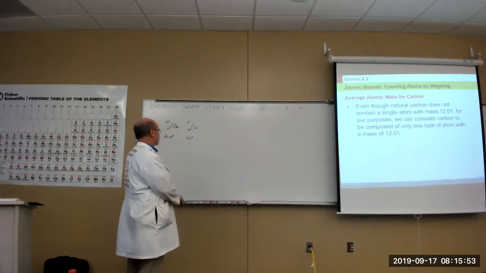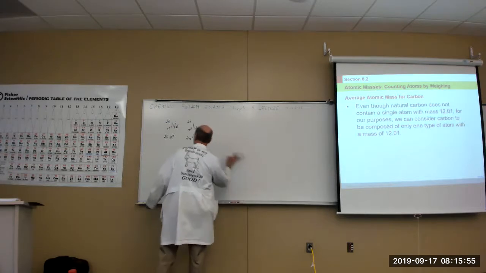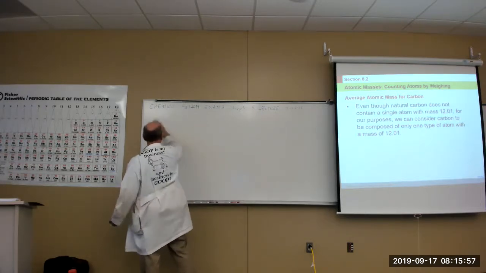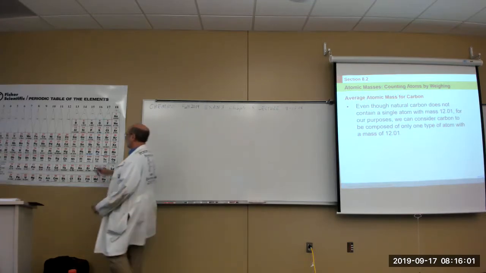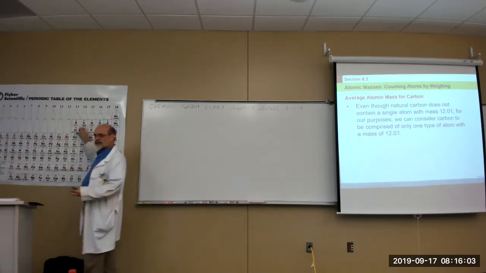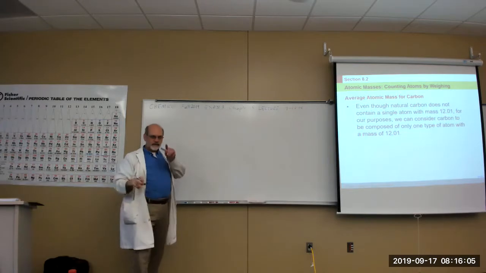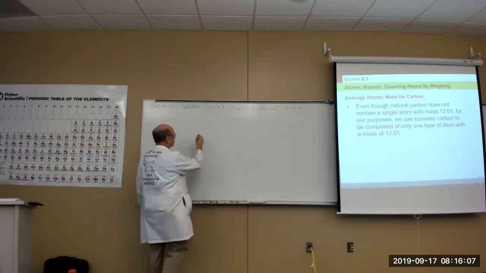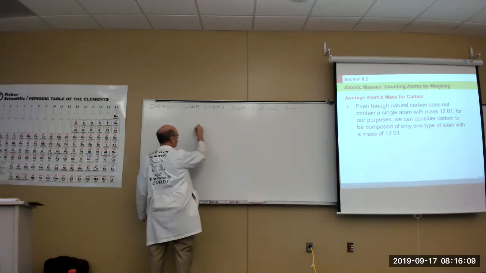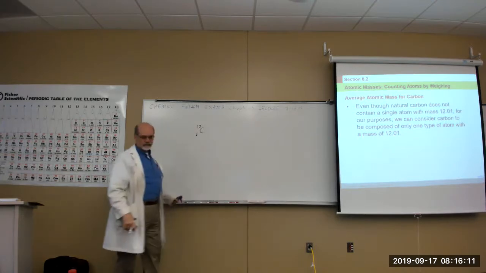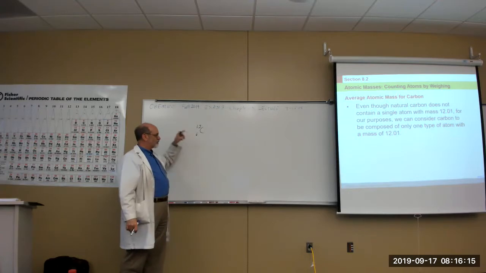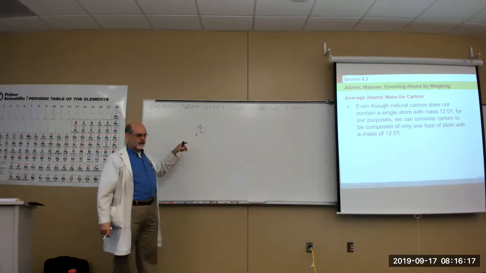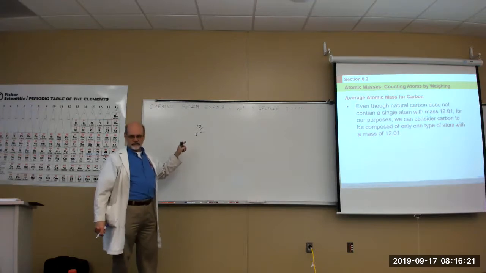Okay, but we need a reference, and our reference for atomic mass is carbon, and not just carbon in general, one specific isotope of carbon, carbon 12. So there's your mass number, but for this particular isotope, its atomic mass is 12.